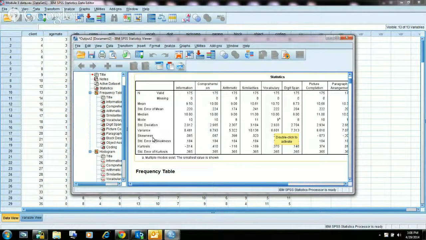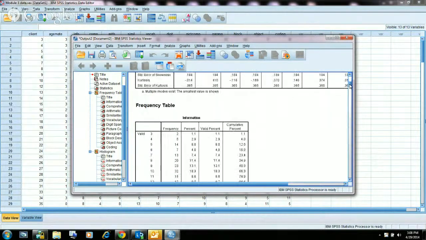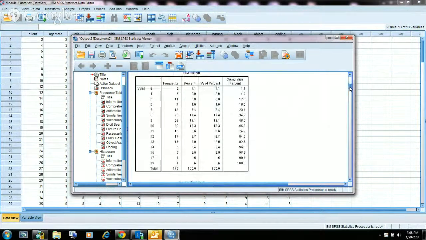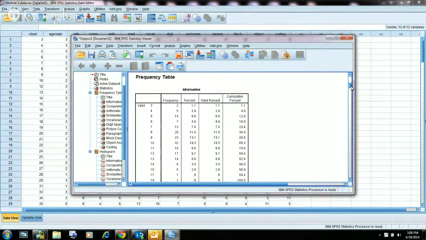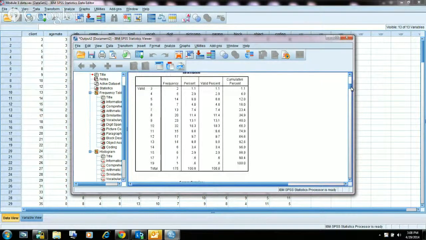Then we have our distribution or skewness and kurtosis. And then here we have simple counts, so we can see how many test takers scored the various scaled scores on the test within each subtest. So we can see that 5 people received a scaled score of 4 on information, and that's 8%.